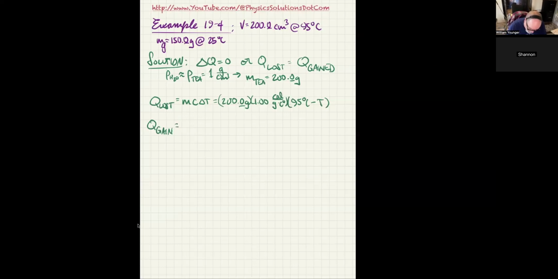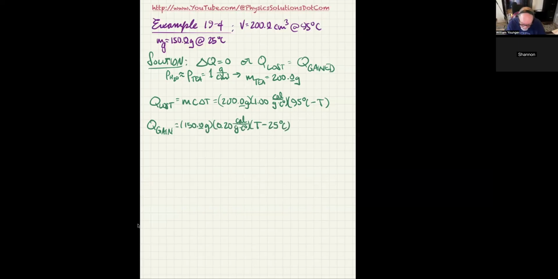So the mass is going to be 150 grams. The specific heat is 0.20 calories per gram Celsius degree. And this one's going to have a higher final temperature. So I'm going to write T minus its initial temperature, which is 25 degrees Celsius.